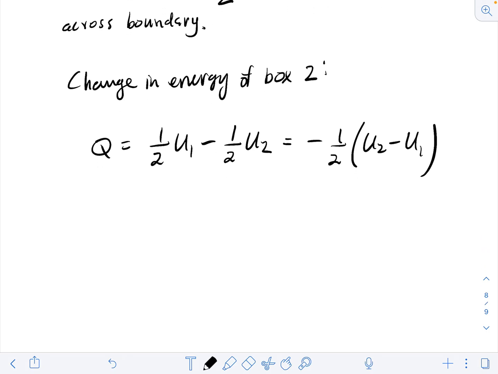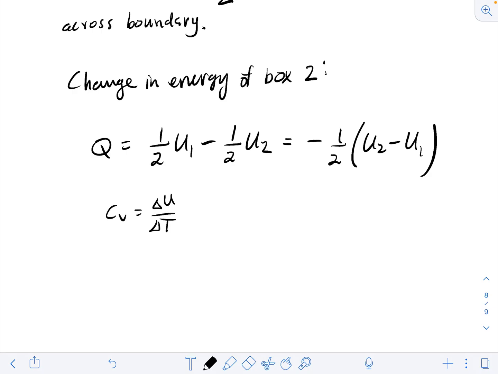Okay, so we could express this internal energy change as a heat capacity. Remember, heat capacity is a relationship between how much energy you add to a system and what the resulting temperature change is.